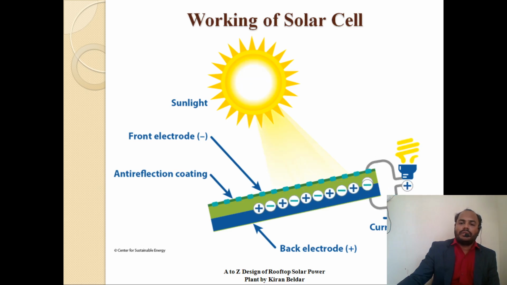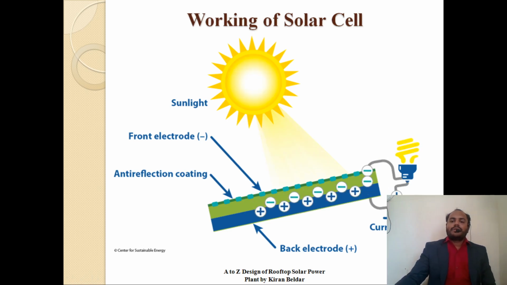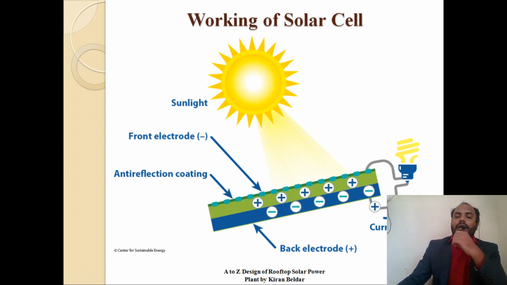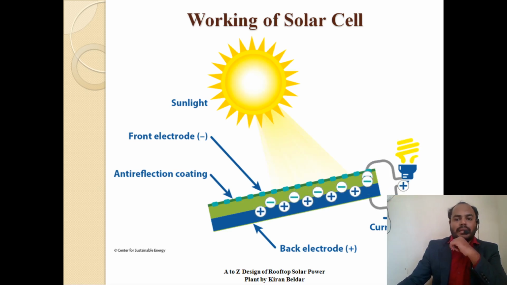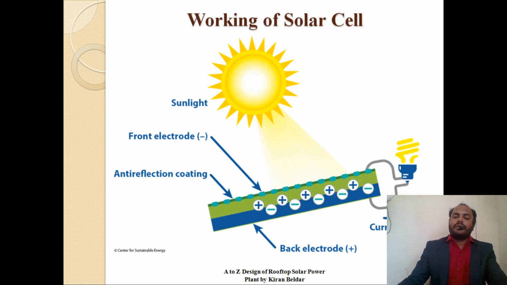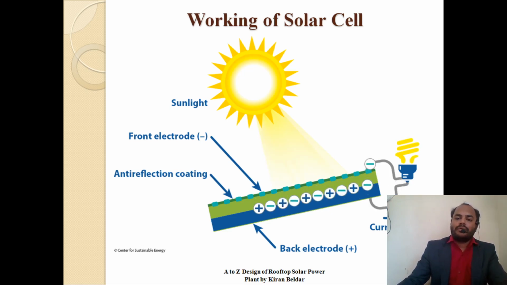As the flow of electrons shifts, a flow of electricity occurs. In one solar cell, a small voltage is produced, like 0.5 volt or 0.6 volt. By combining a number of solar cells, we generate a large amount of electricity which can be used for home appliances.